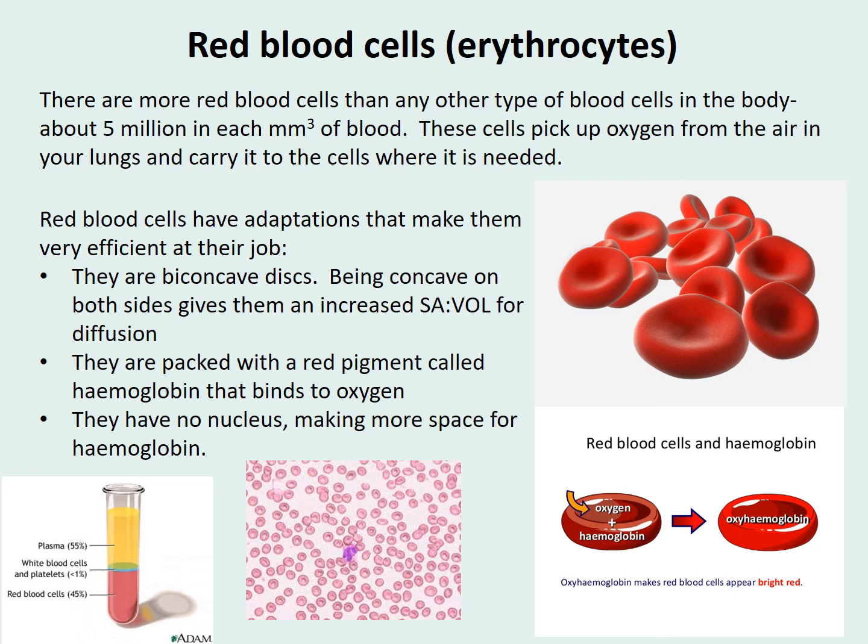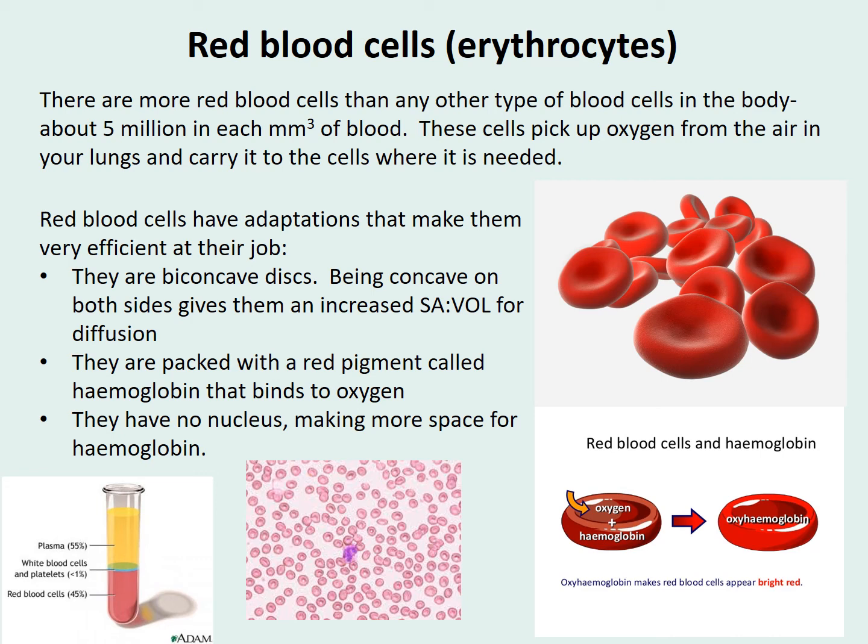Now, hemoglobin contains iron, and iron does attract oxygen. That's why iron things rust. And it's also why red blood cells have that rusty colour, because when the oxygen joins with the iron, it makes that reddy colour.